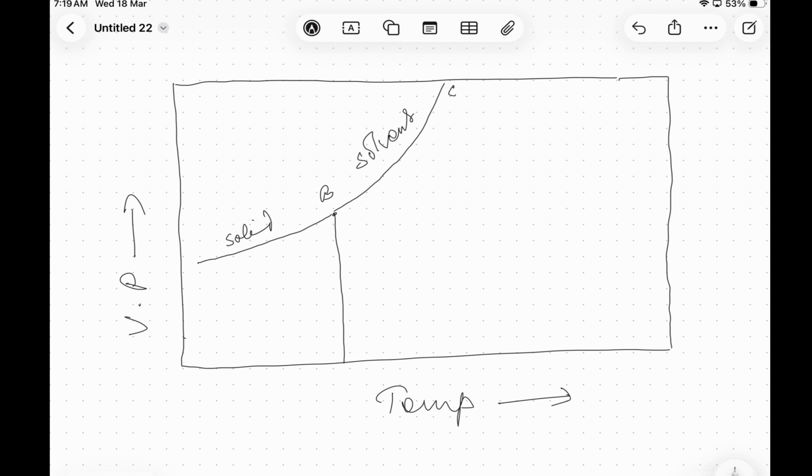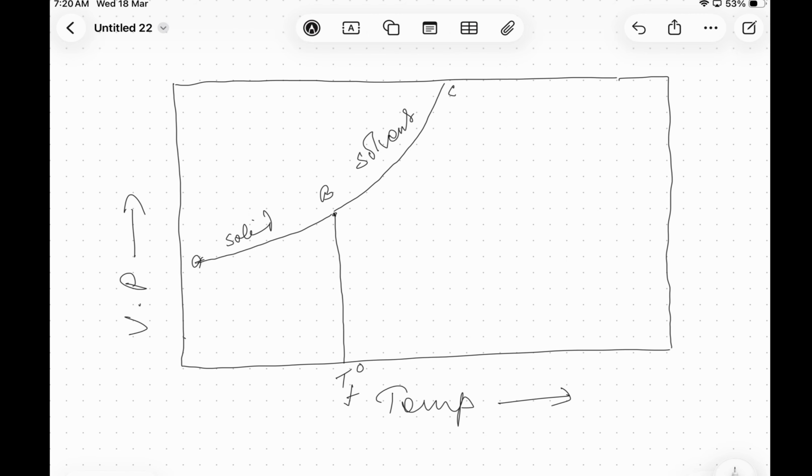Once again, at point B, the vapor pressure over the surface of solid and over the surface of liquid are equal. At the same time, the rate of freezing and rate of melting are also equal at point B. So point B is the freezing point of pure solvent.